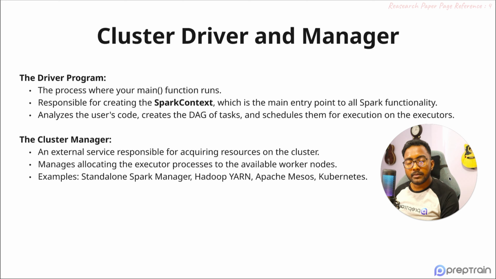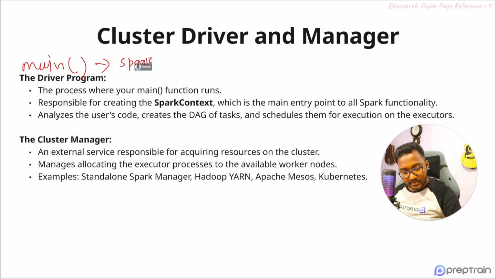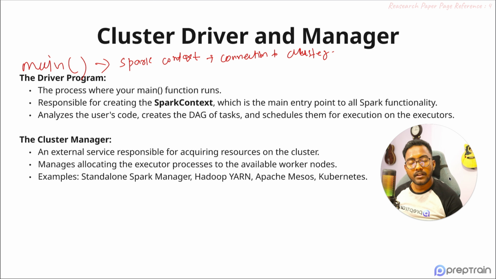The driver program is the process where the main function basically runs, and its job is to create the Spark context. Spark context is the object that represents your connection to the cluster. Once the Spark context is created, it is the driver's responsibility to get everything done for your application logic, like creating the list of all actions that are being done.